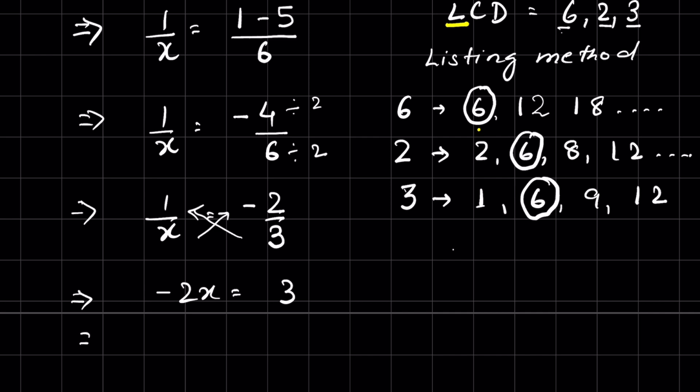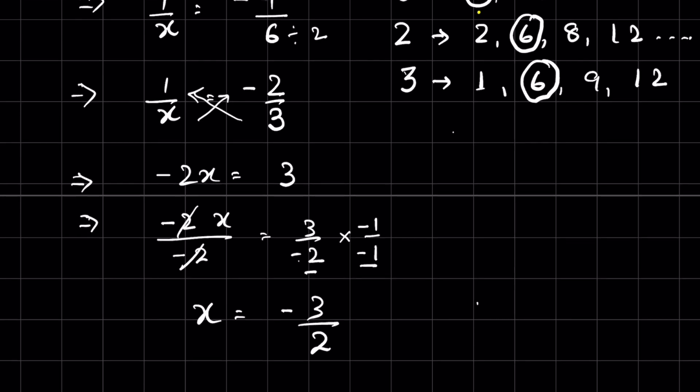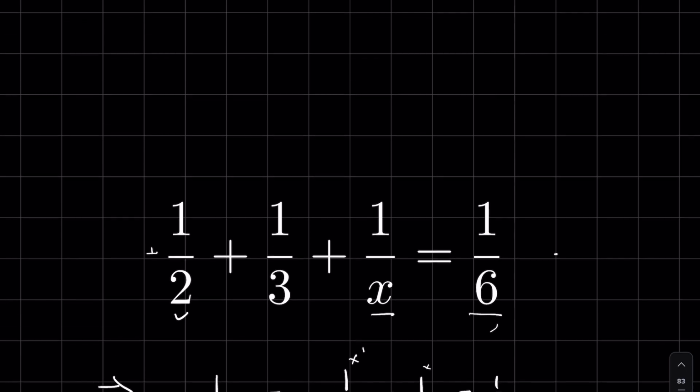So minus 2x is equal to 3, or we divide both sides by minus 2, x will be minus 3 upon 2. This minus in the denominator can be written in the numerator by multiplying and dividing it by minus 1. So this minus and this minus will be plus 1 and this will be minus 3 upon 2. So x is equal to minus 3 upon 2.